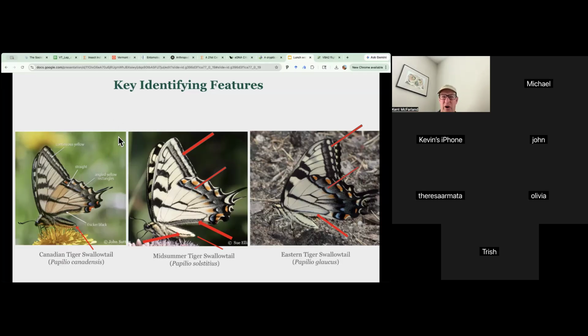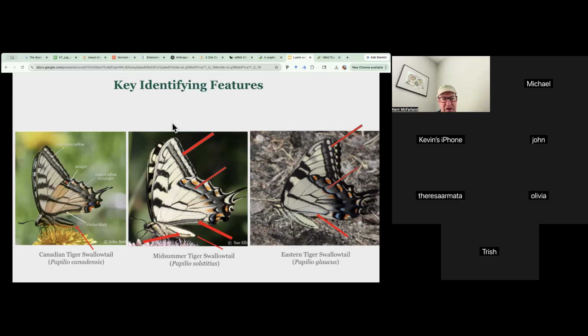You'll notice on every one of these pictures, I'm showing you two things. One, these are all males, and I'm showing you the underside. You don't necessarily have a male, but there are extra features on males that are helpful, I think. Females are ideal too. But the key here is that I'm showing you the undersides.